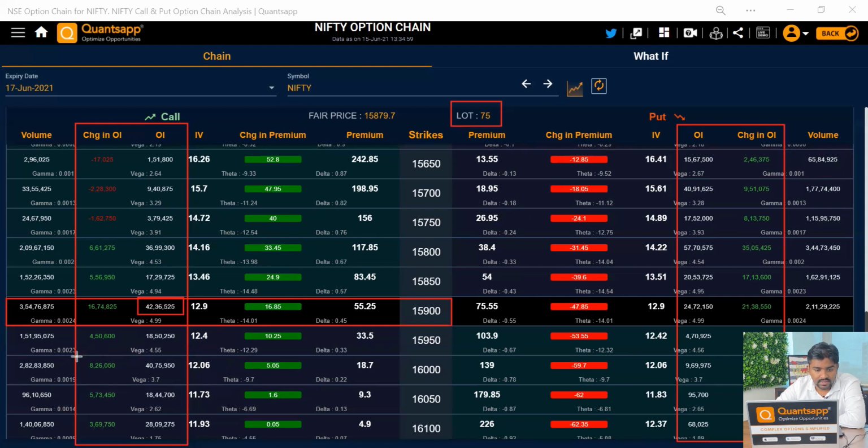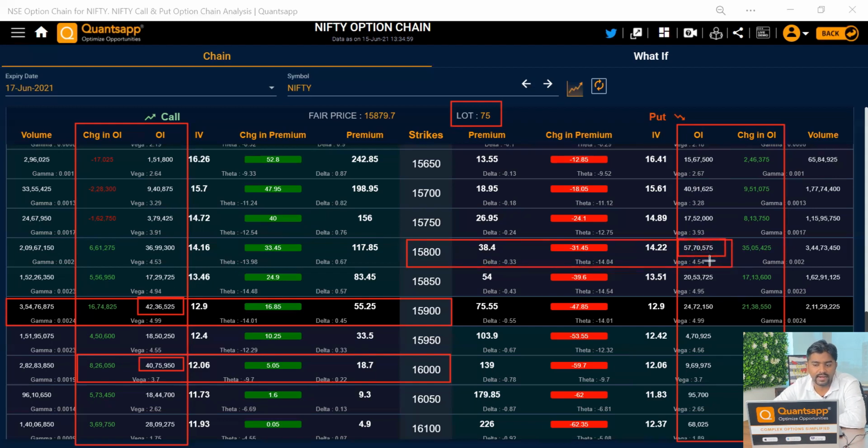Likewise, we have another strike price here. If we check this one, it is having 40 lakhs. Okay. So the highest OI as of now is at the 15,900 call option. Now, when we talk about OI, you can simultaneously check the same thing on the put side. If we check the highest value here, we have 15,800, that is 57 lakhs here.